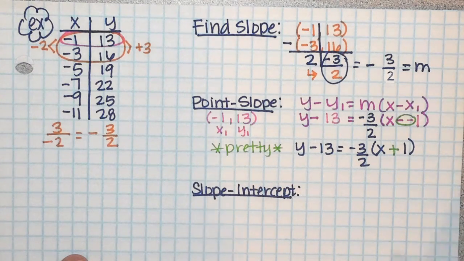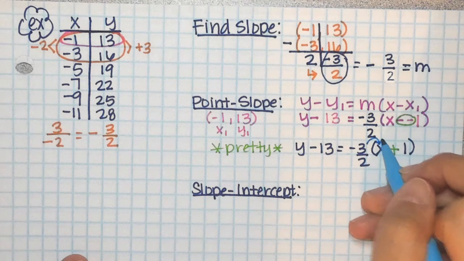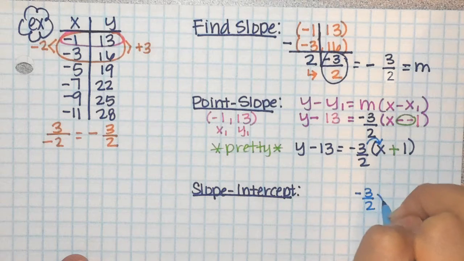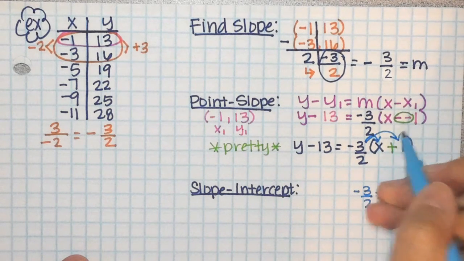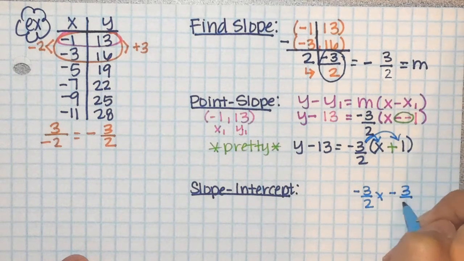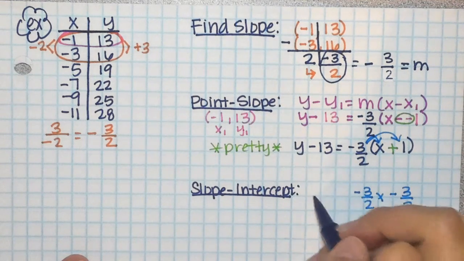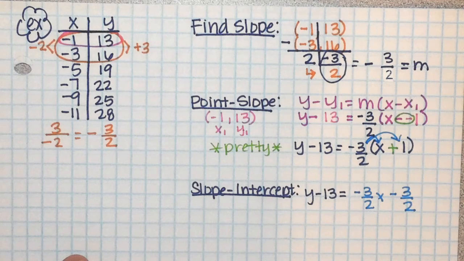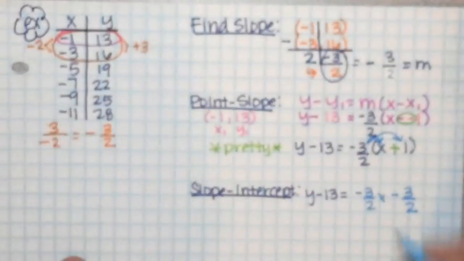And we do that by distributing first. So that's -3/2 x, and then -3/2. So we have y minus 13 equals -3/2 x minus 3/2.